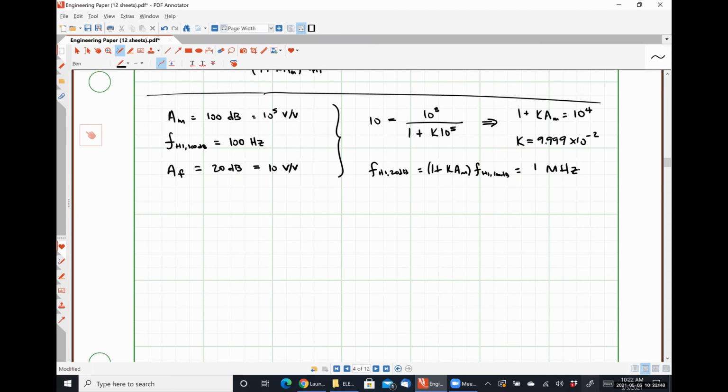All right. So again, if we decrease the gain by a factor of 10,000, we have to increase the bandwidth by a factor of 10,000. Nothing remotely difficult there. That is the level of understanding that you need to do the homework and do these problems on an exam or something like that, okay?